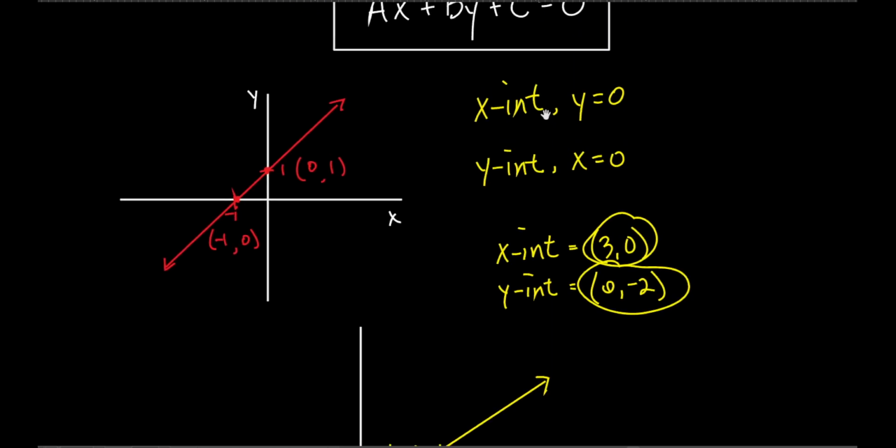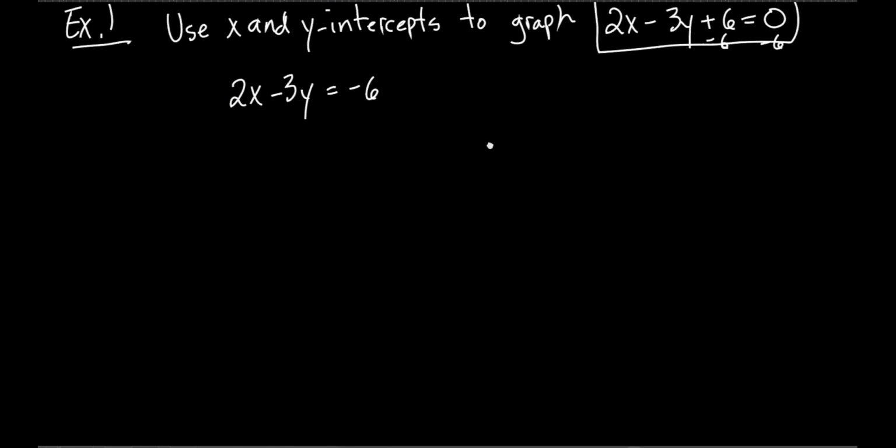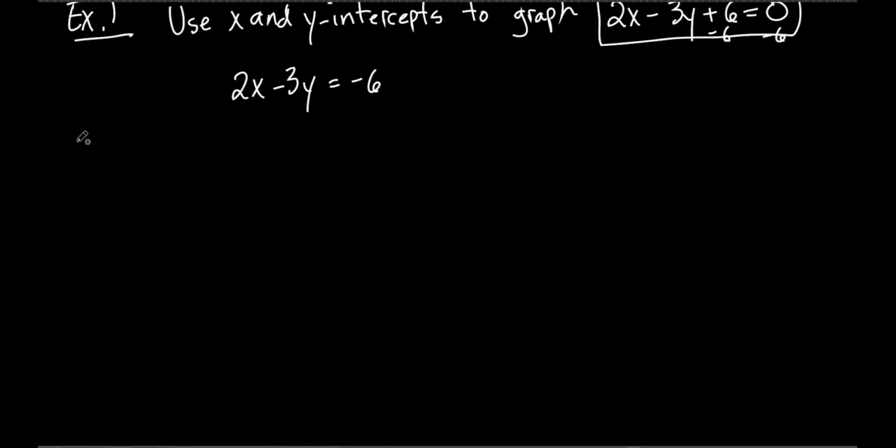Well, remember what we said? To find the x-intercept, what's equal to 0? The y is equal to 0. So let's find the x-intercept first. What was 0 to find the x-intercept? The y is 0.